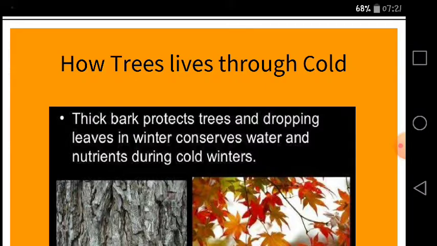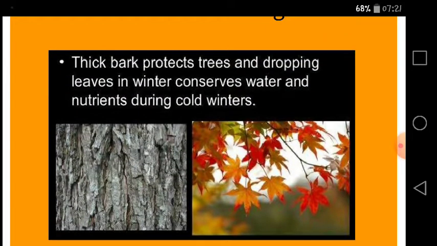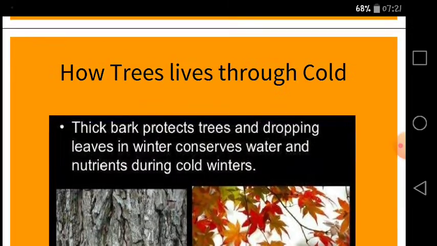So it acts as an insulator and protects against heat loss. Secondly, during the winter season, the plants present in the cold environment shed their leaves to conserve water and nutrients so that they can survive in the cold environment. So these two major points will help you to solve this question.